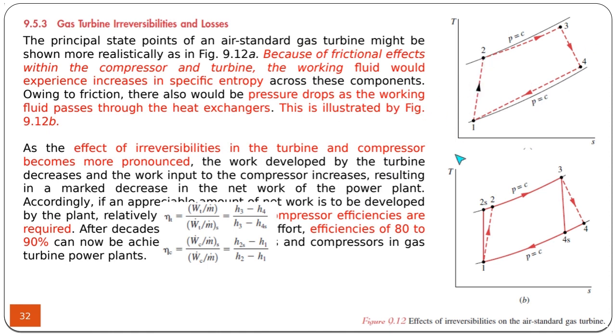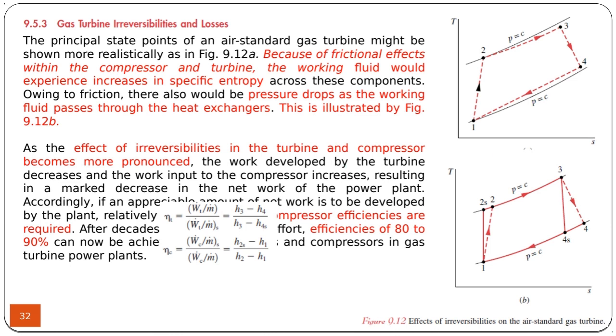But for this analysis, we're not going to take into account the changes in upper heat exchanger and lower heat exchanger. Instead, we will only take into account the irreversibilities in compressor and turbine. It's similar to the analysis in vapor power cycle.